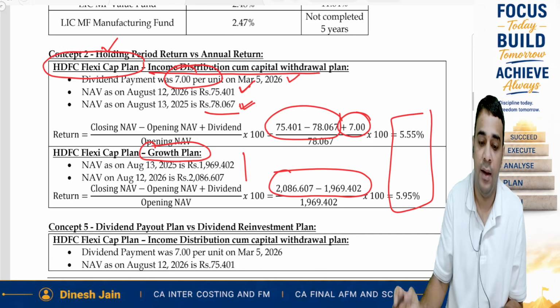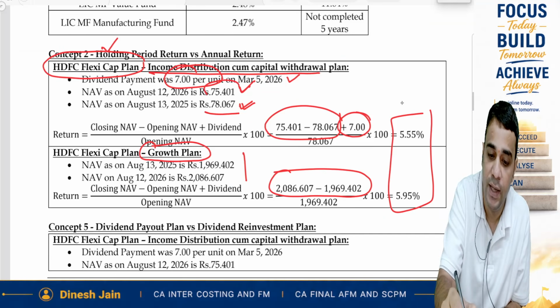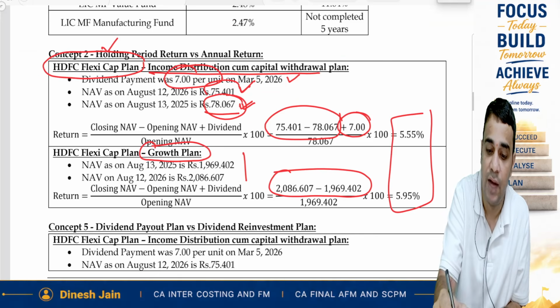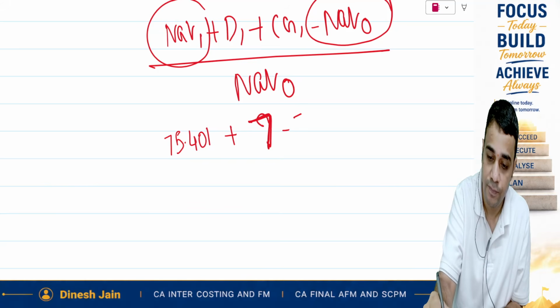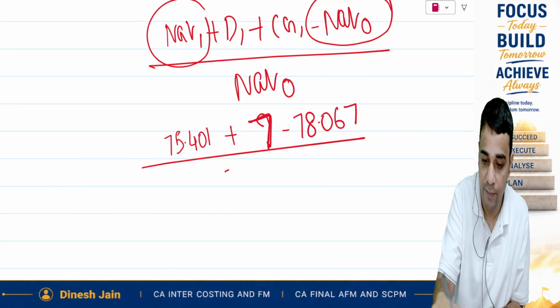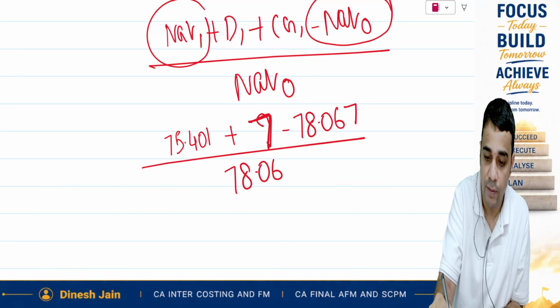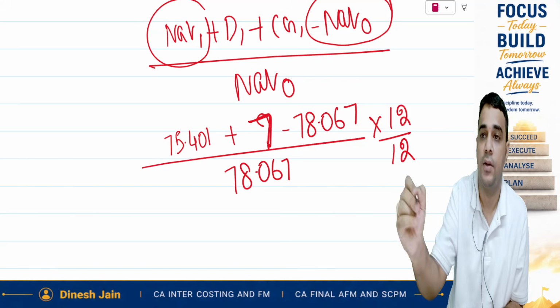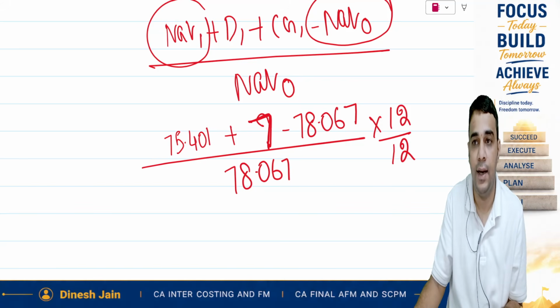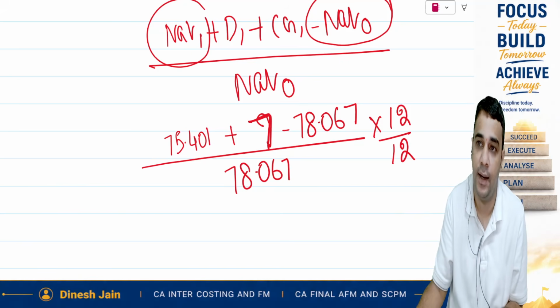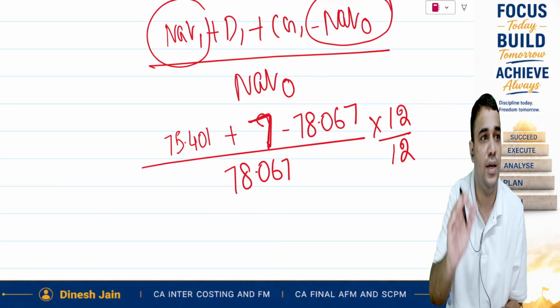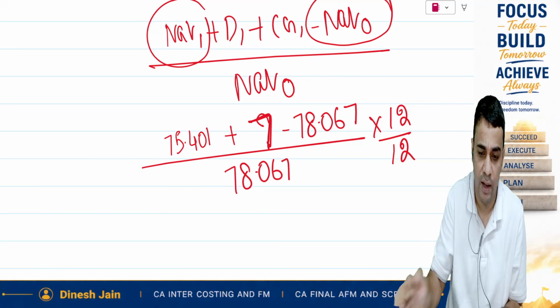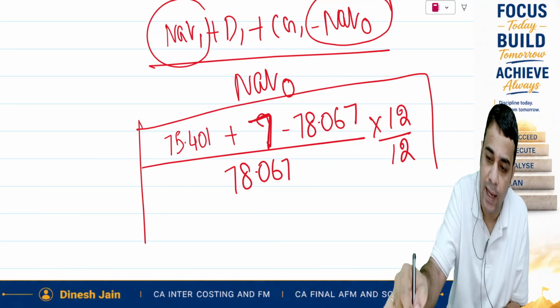Plus 7. NAV0 is the opening NAV, which is 78.067, divided by, this was a 1 year calculation, so 12 by 12. I purposely picked 1 year data, so 12 by 12 into 100. Why are we doing this calculation?